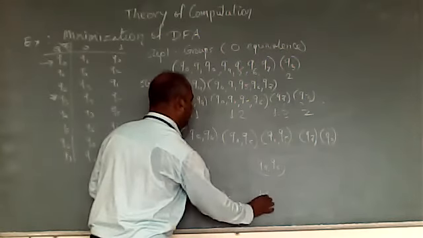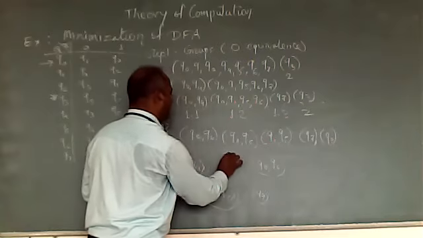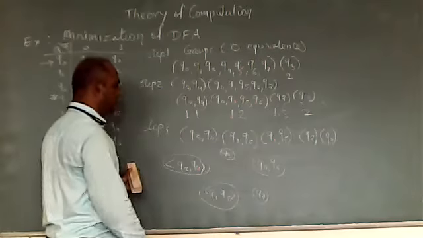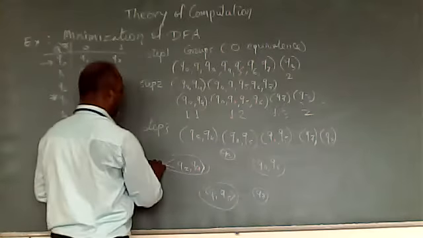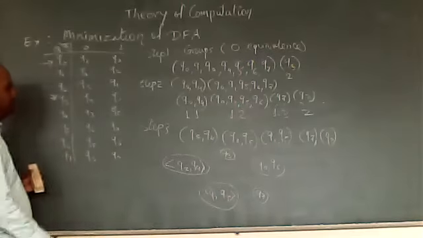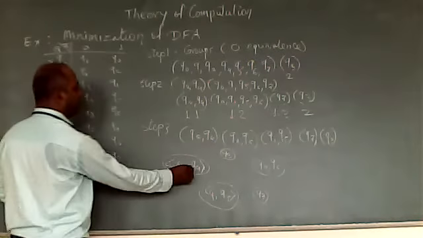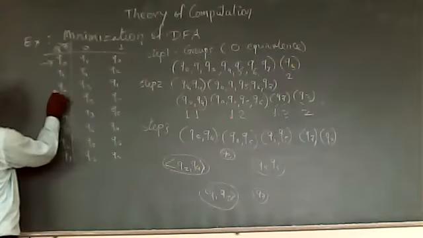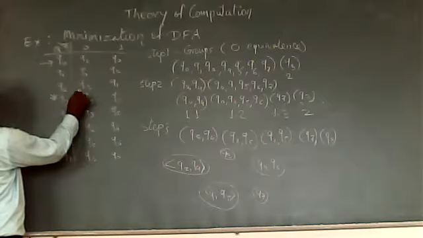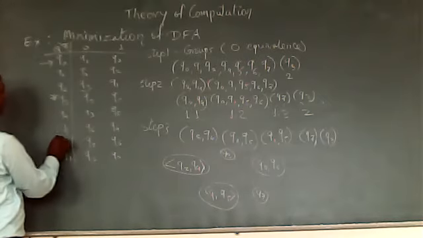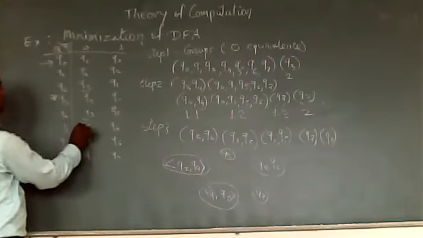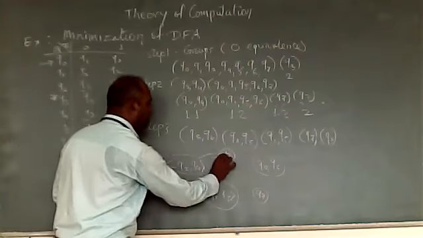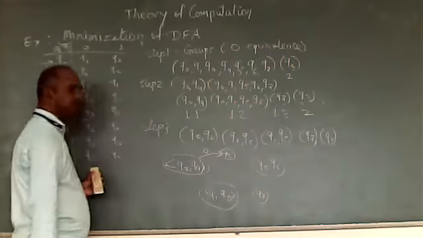Q7 is another state, and Q3 is another state. Okay. Now we'll make the transitions. Q2 with the 0 transition goes to Q3, and Q4 with the 0 transition goes to Q3, so both will have the 0 transition here.